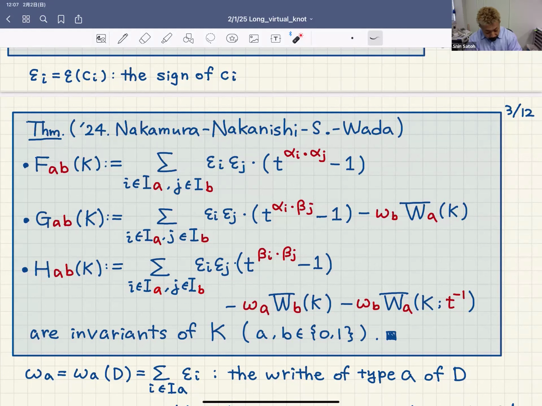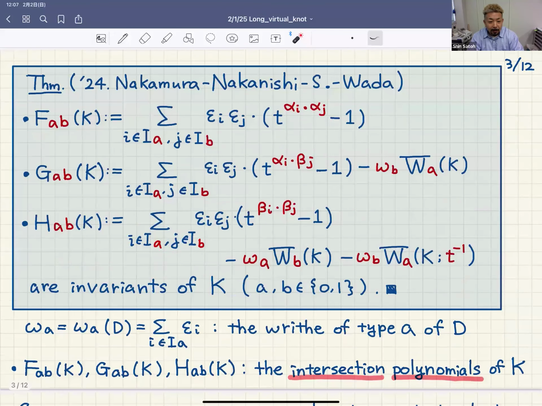The polynomial HAB is similarly defined by using the intersection number between beta i and beta j with some correction terms here. So anyway, these 12 polynomials, FAB, GAB, and HAB, are all invariants of a long virtual knot K and are called the intersection polynomials.